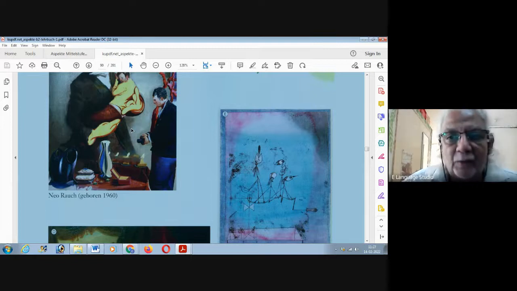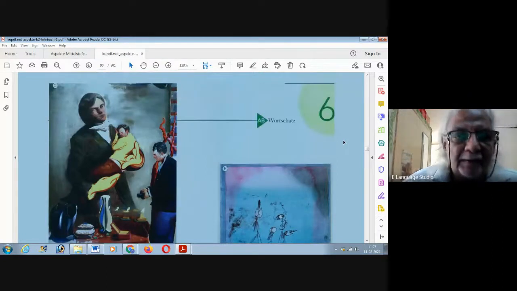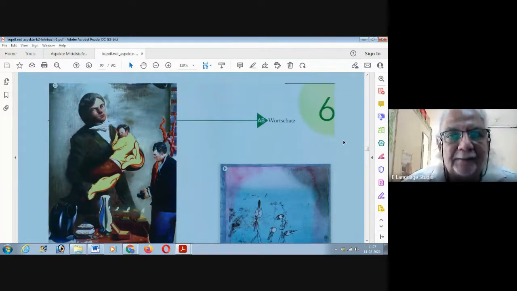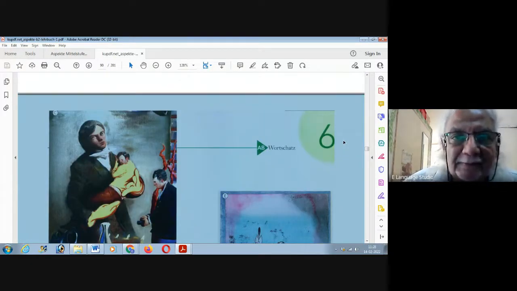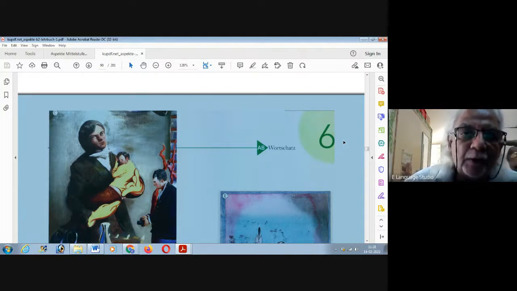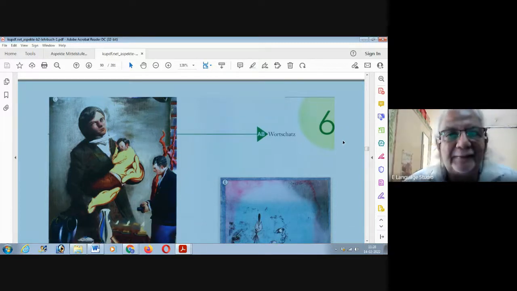Ein Dichter oder ein Autor, er schreibt Worte. Durch Worte drücken diese Leute ihre Gedanken, ihre persönlichen Meinungen aus. Und hier sind Künstler, Artists, Maler, Painters, Skulptoren. Sie drücken ihre persönlichen Meinungen durch diese Kunstformen aus.